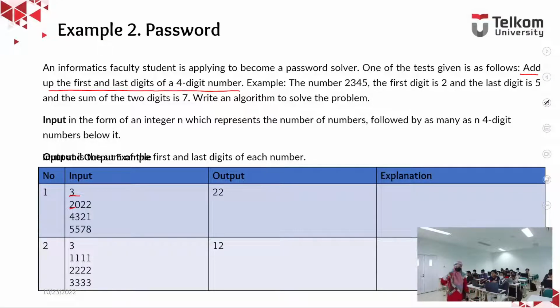Then after this, the computer should add up the first and last digit of a 4-digit number. And then this is the result.